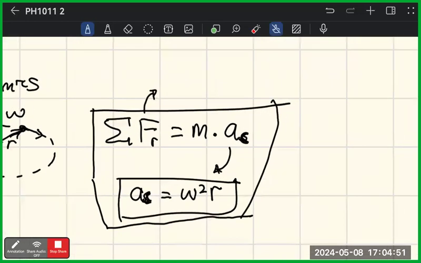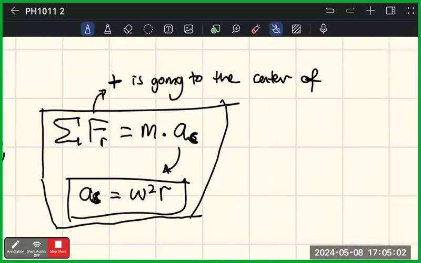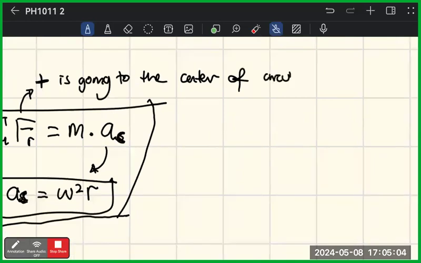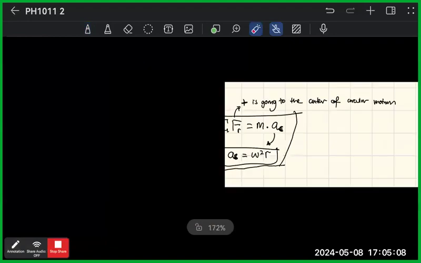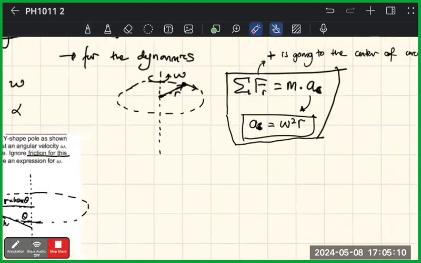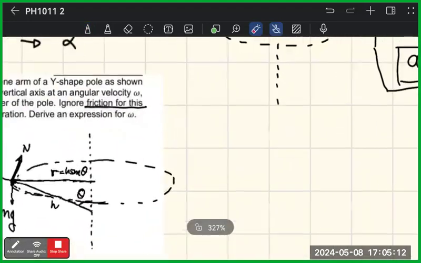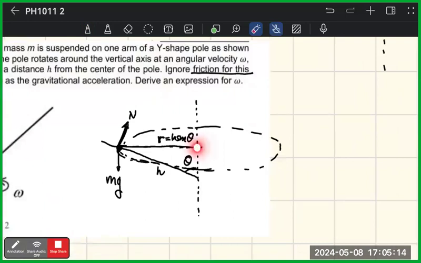The notation is that plus is going to the center of circular motion. So positive forces are going to the center of the circular motion, which in this case is here.